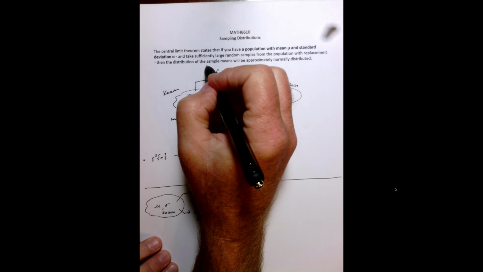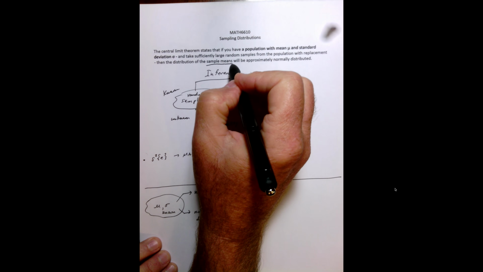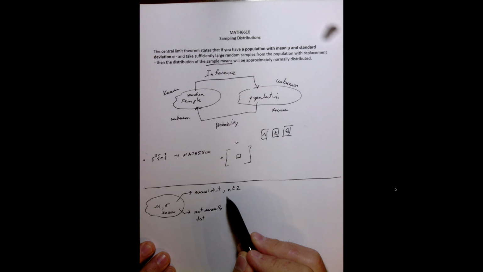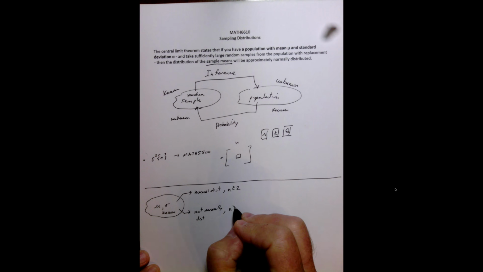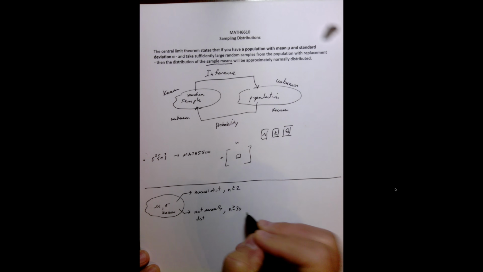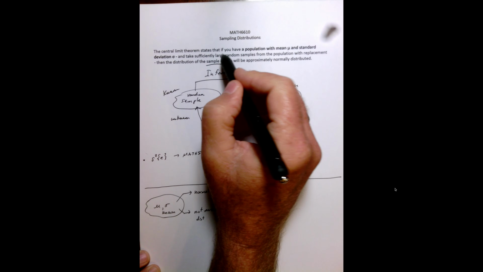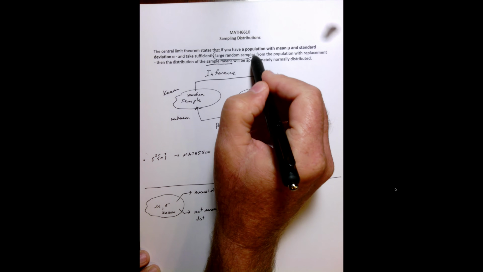Again, sample means are critical, because to get a mean, we need 2 or more observations. If we don't have a normal distribution, then we typically talk about large random samples as being 30 or larger. Now, what we really mean is 100 or larger, but things work out pretty nicely around 30.